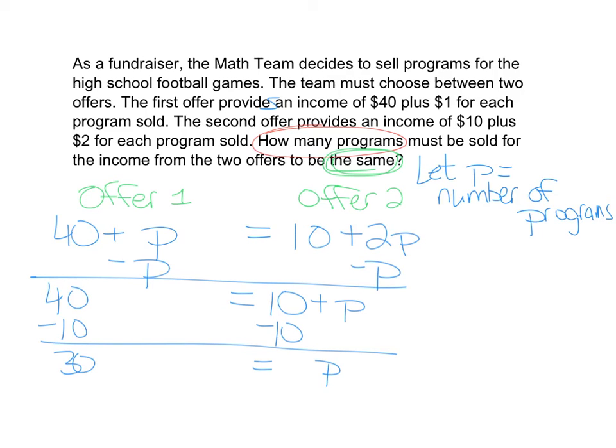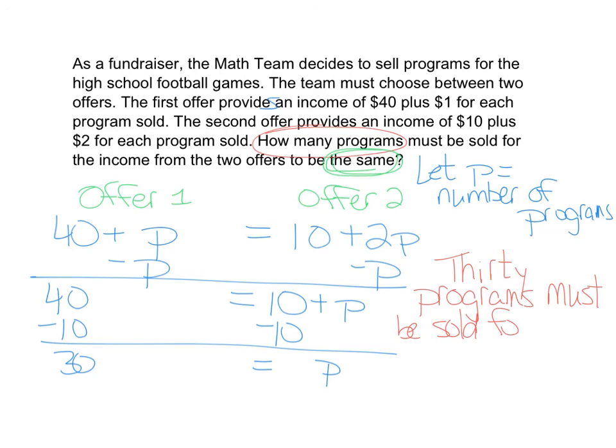I would probably say that 30 programs must be sold for the incomes from the two offers to be the same.